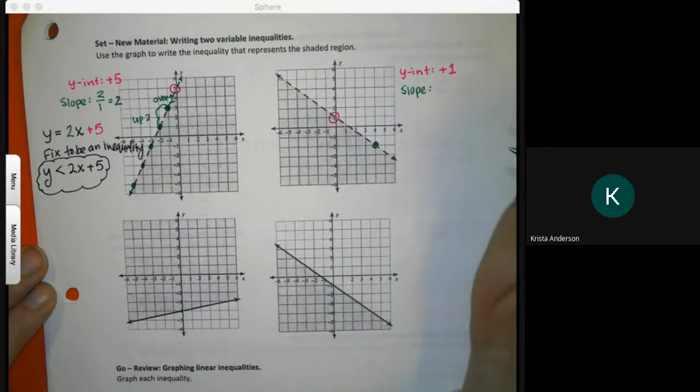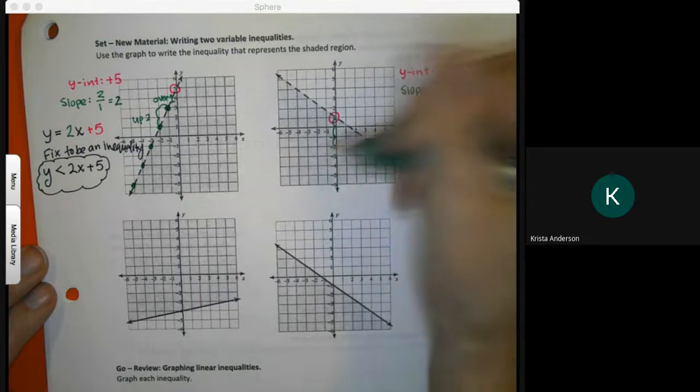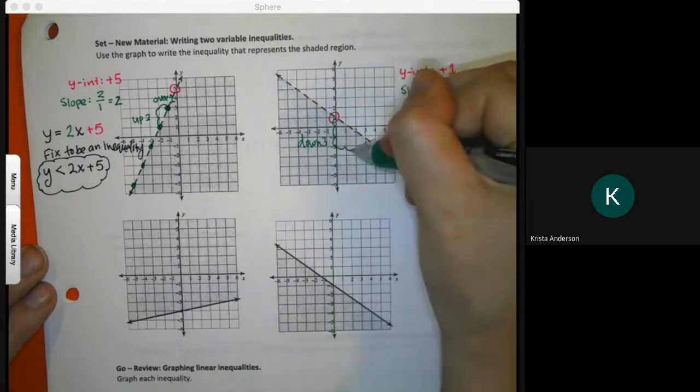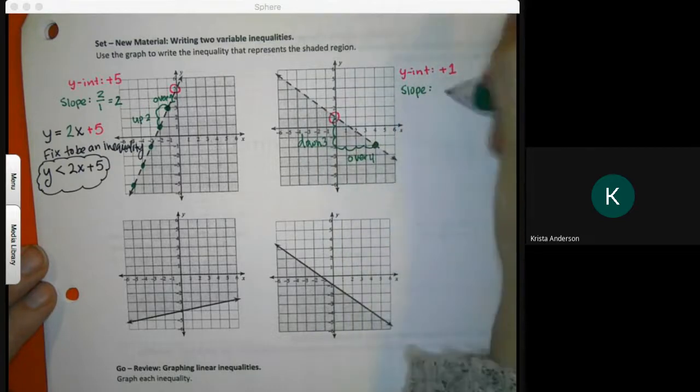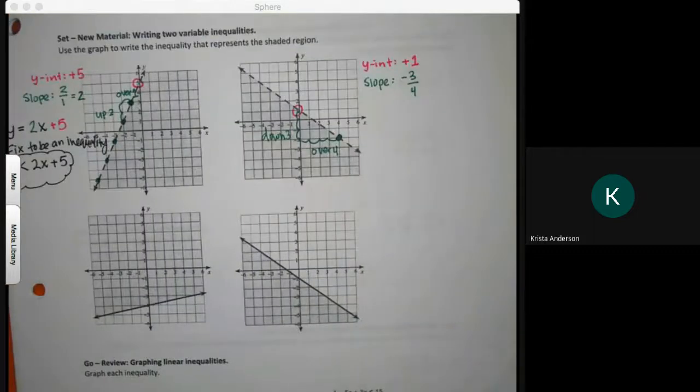That would be down 1, 2, 3 and over 1, 2, 3, 4. Down 3 over 4. Will that simplify? Negative 3 over 4? No, so I leave it.